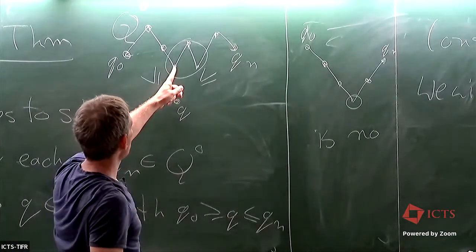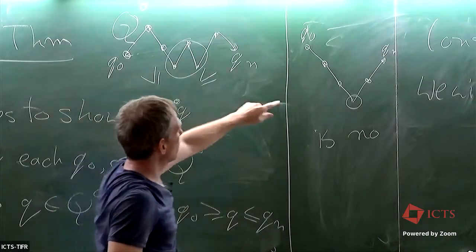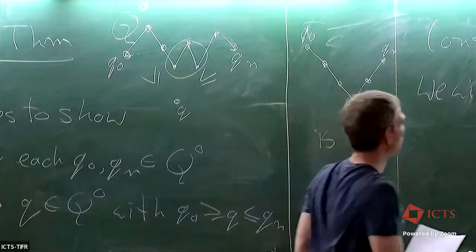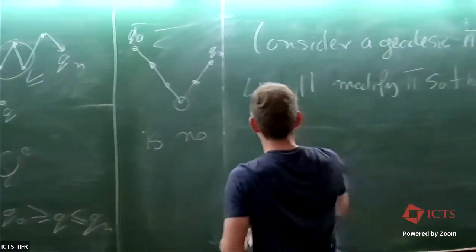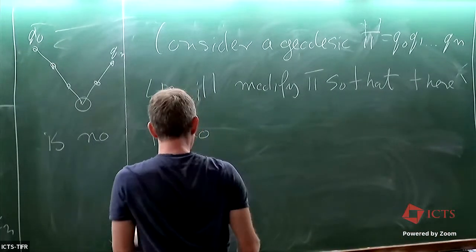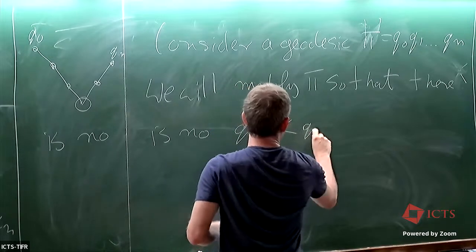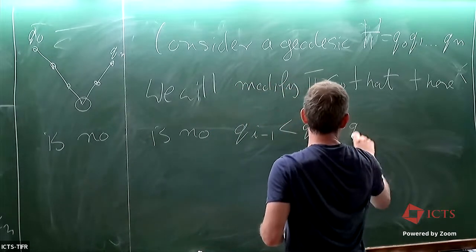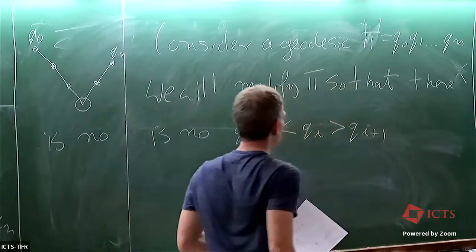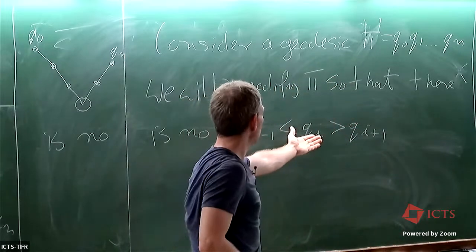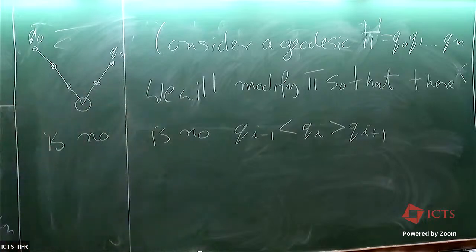If we eliminate situations where we increase and decrease, there will be no triple of consecutive vertices such that the first one is smaller than the second one, and the second one is larger than the third one. If we eliminate these local maxima, then our path will look like that.